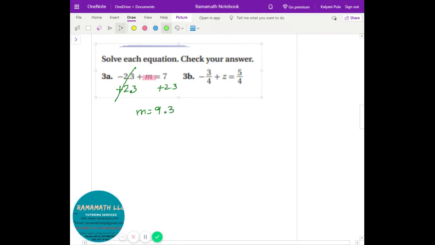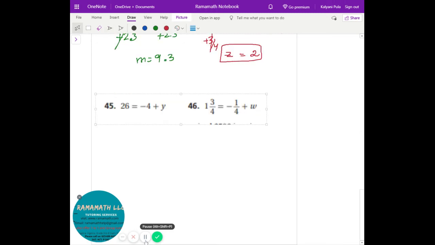My letter or the variable, that's plus Z, add 3/4. Add 3/4 here. That gives me 8/4. But 8/4 means what? 2. Okay? That's the answer. Since the y is right here, -4, add 4 there. So it's going to be 30.